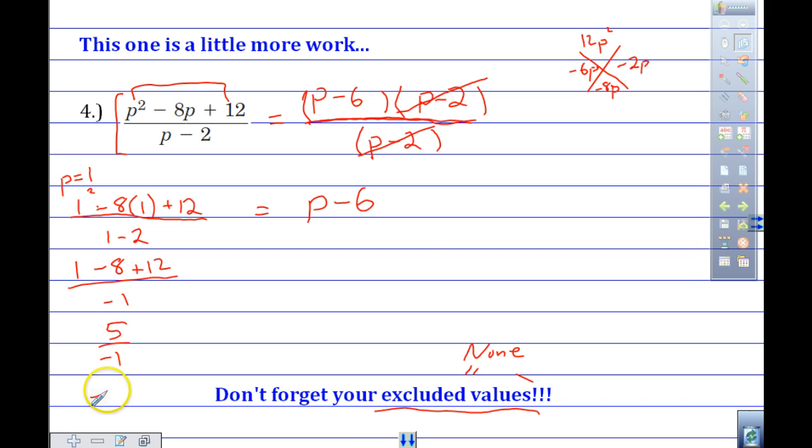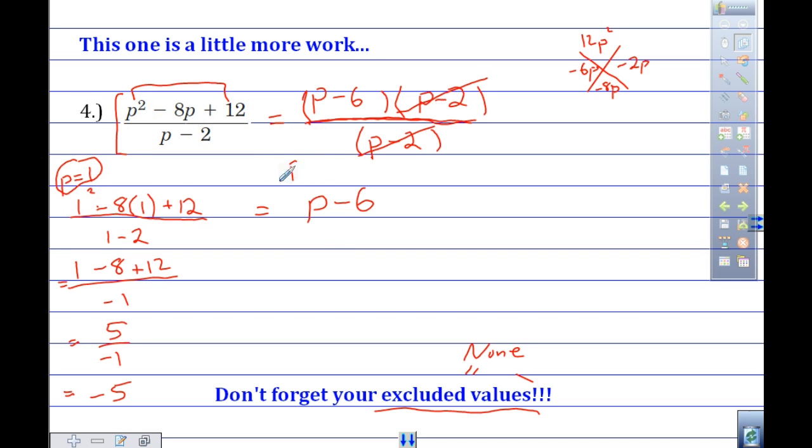Probably got negative 5. Is your arithmetic correct? One minus 8 is negative 7. Negative 7 plus 12 is 5. 5 times negative 1 is negative 5. So that's what happens when you plug in 1 into the original problem.